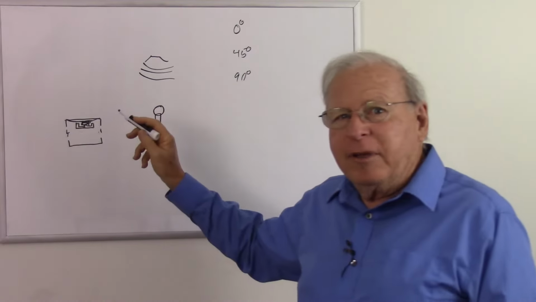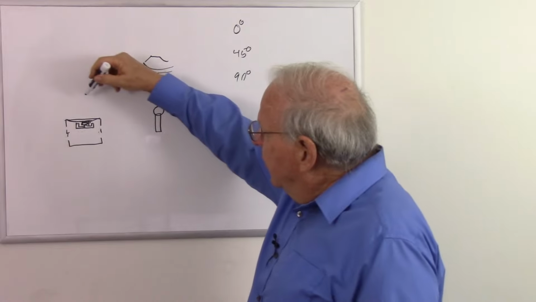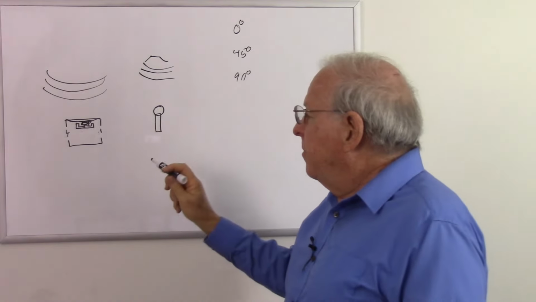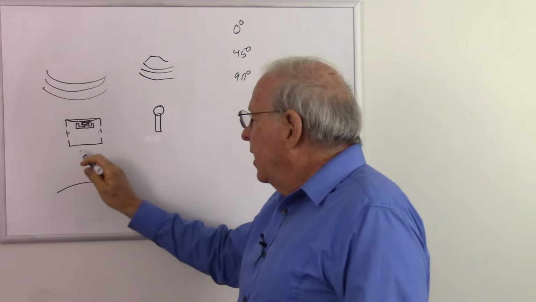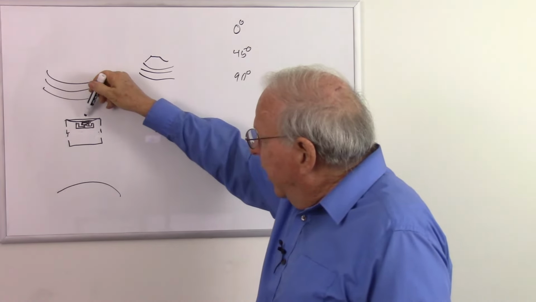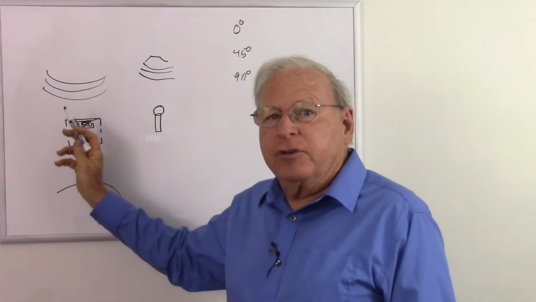Now it lets some sound into the back in a particular way such that sound coming from the front affects it normally, but sound coming from the back comes into the chamber, and as the diaphragm is trying to push back, sound comes from the back and tends to push it forward.